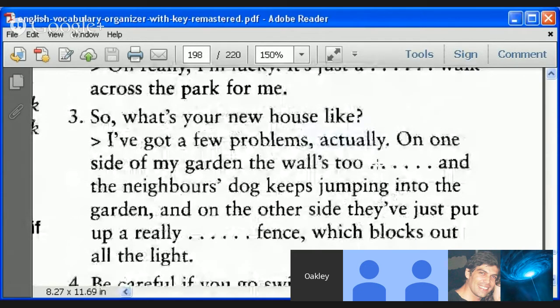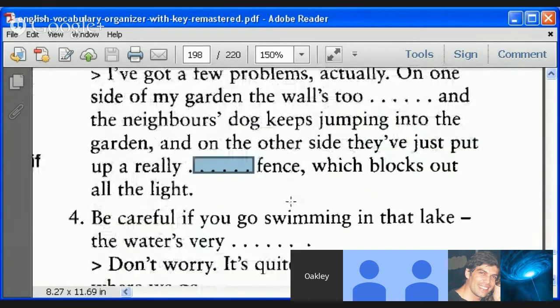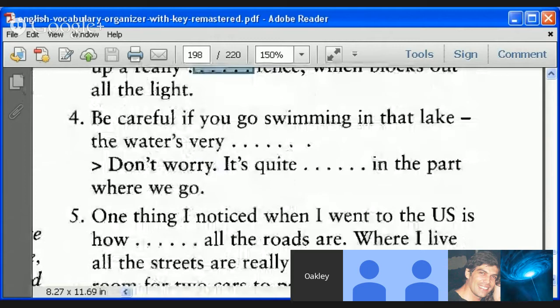Low and high. The garden wall's too low because the dog keeps jumping over the wall. Okay, but the fence is too high and it blocks out all the light. Right. Very good. So there you go. Low and high.